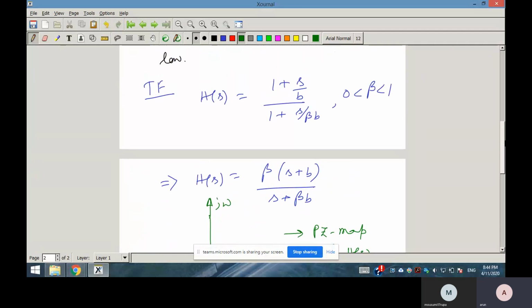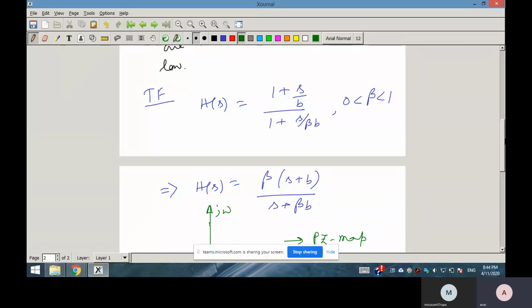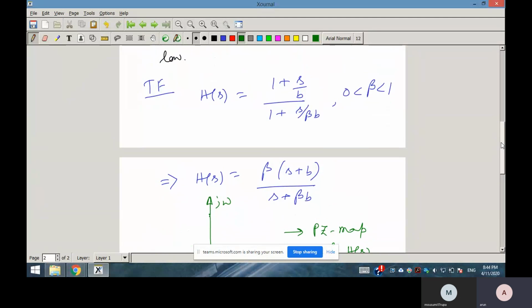As omega equal to infinity, phase is also 0, because phase is what? Here, tan inverse omega by b minus tan inverse omega by beta b. So when omega equal to 0, phase will be 0, and when omega equal to infinity, it is pi by 2 minus pi by 2, so at that time also it will be 0. But in between what will happen?